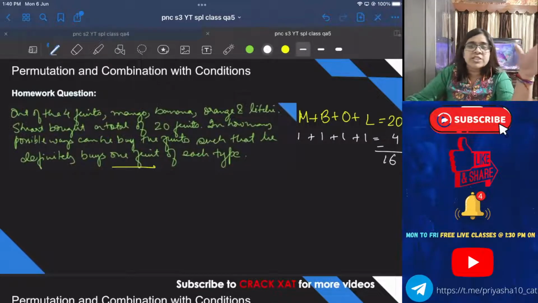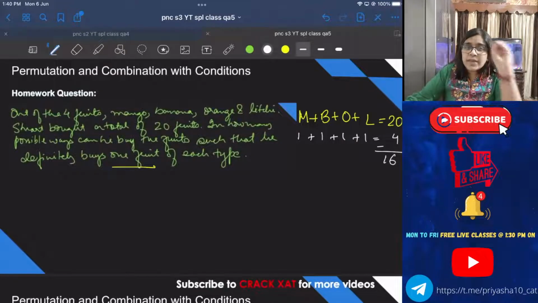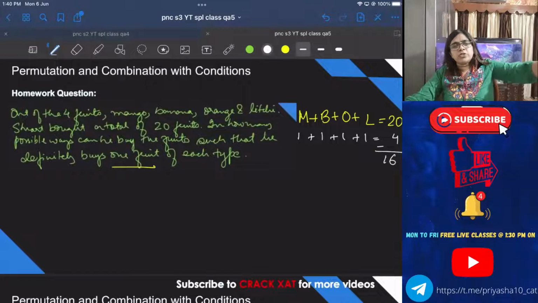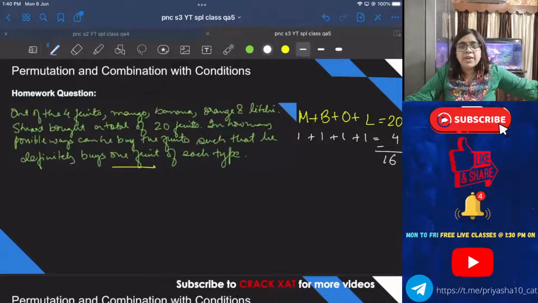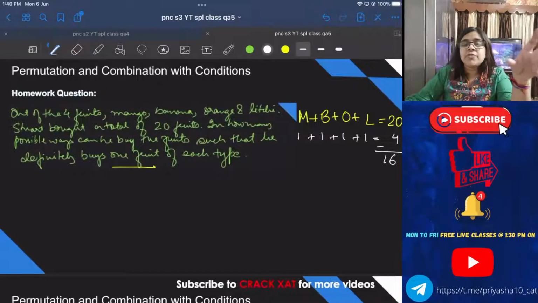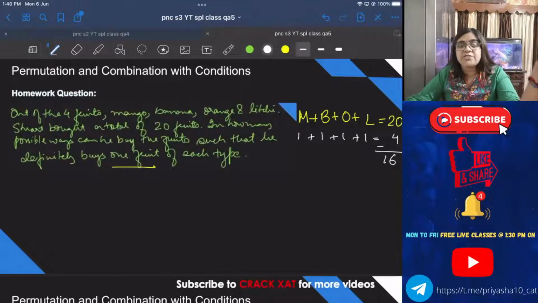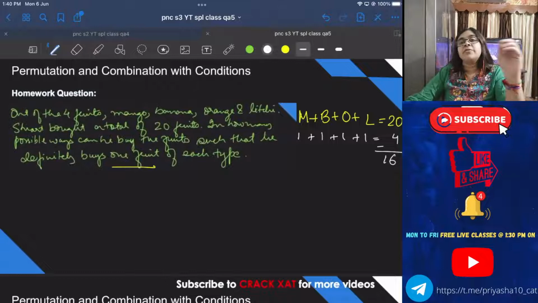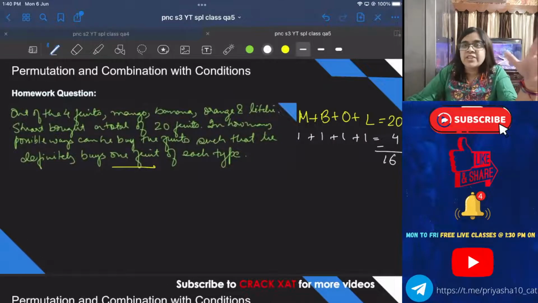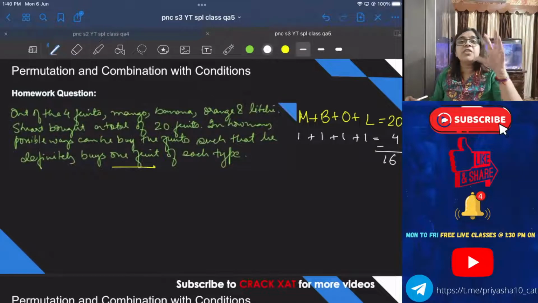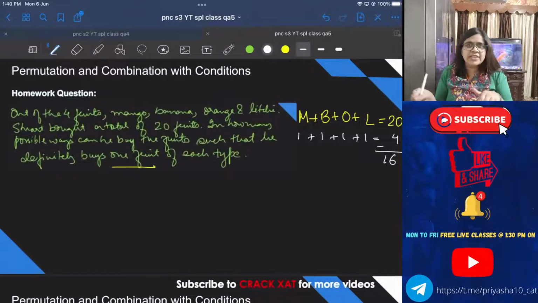You have to make sure that we are not messing with these four fruits, we have set them aside, because we have to give 1, 1, 1, 1 to them anyway. But the remaining 16 fruits is something with which we can do all the permutation and combination. We can give someone 2, we can give someone 6, we can give someone 7, etc. So whatever we learned in the no limits part of this question, we did in the last session.